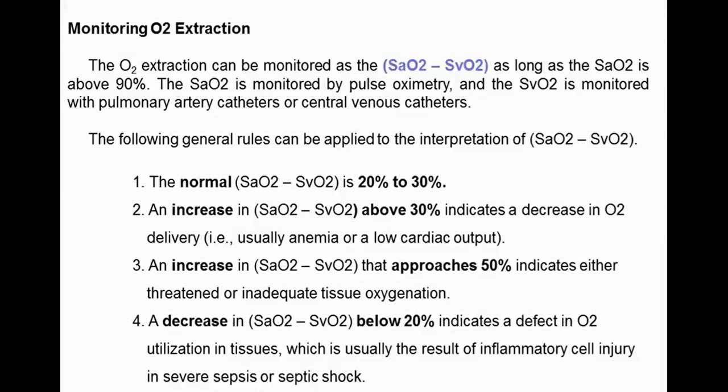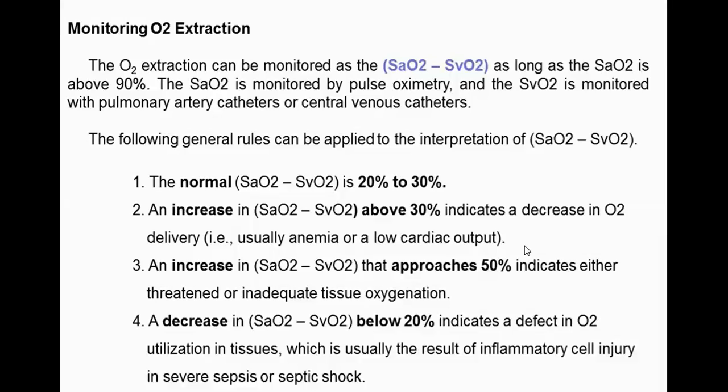Monitoring the oxygen extraction, as we said, the normal is 20 to 30. Above 30 indicates decreased oxygen delivery, so the extraction increased while the uptake is normal. Not that the uptake increased; the uptake will be constant.